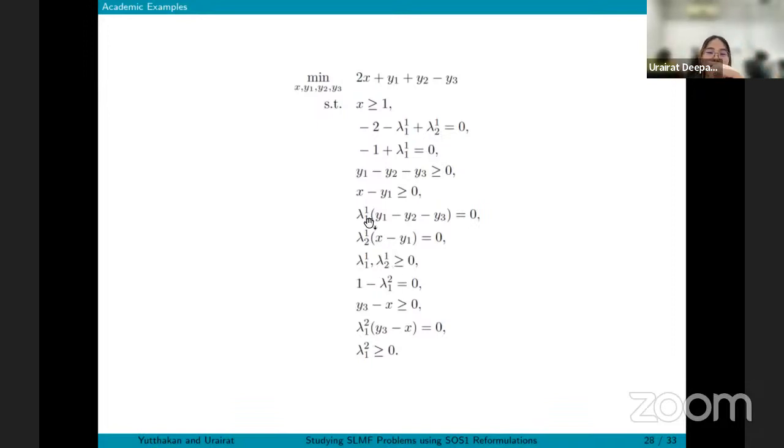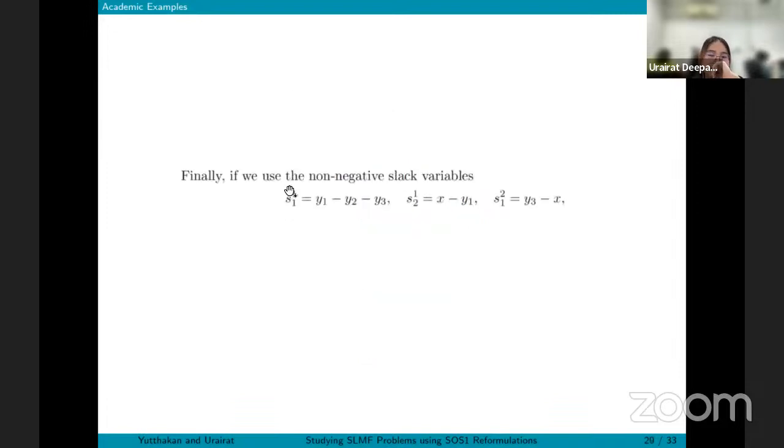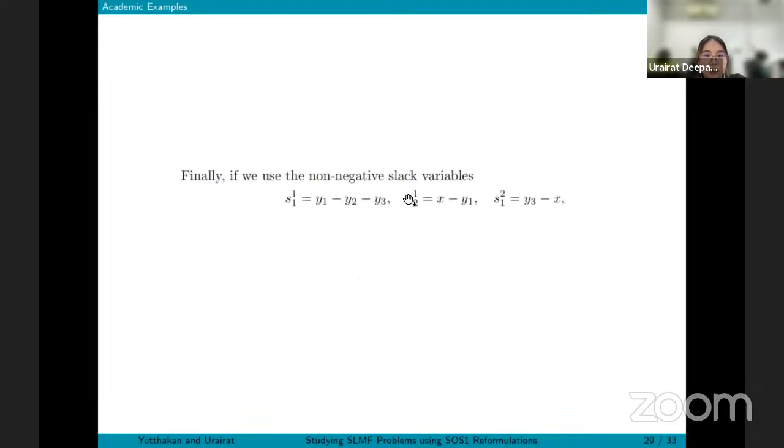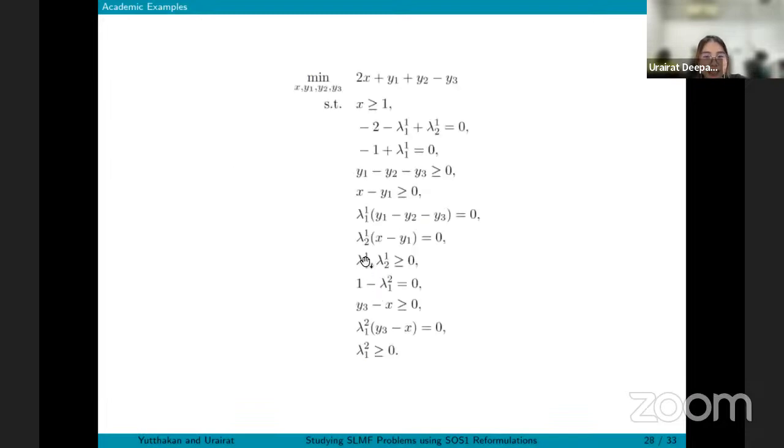Sorry, we consider in this line the parameter lambda, this line, and this line. So we set the non-negative slack variable S11 equal to this, S21 equal to this, and S12 equal to this.